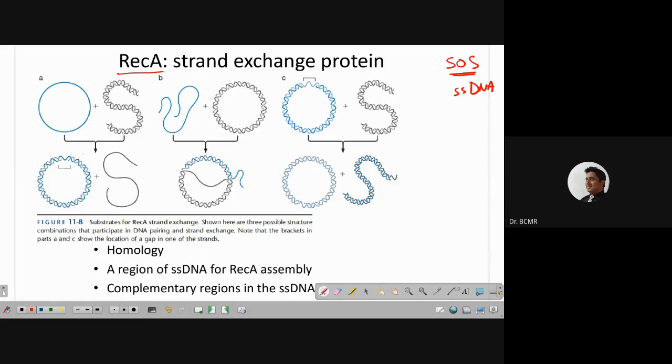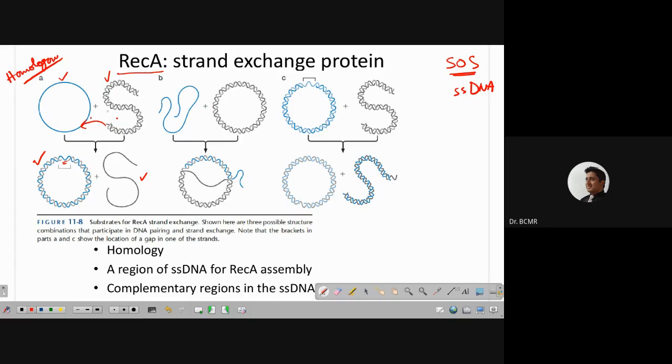So to see the capacities of what RecA can do, we will just have a look at this. Say you are given a linear double-stranded DNA and a circular single-stranded DNA, and you give RecA to it. RecA can move one strand from this to this one and result in products: a double-stranded circular DNA with a break here and a single-stranded DNA like this. What you should remember is the molecules that we have taken here should be homologous, right? The sequence similarity should be there.